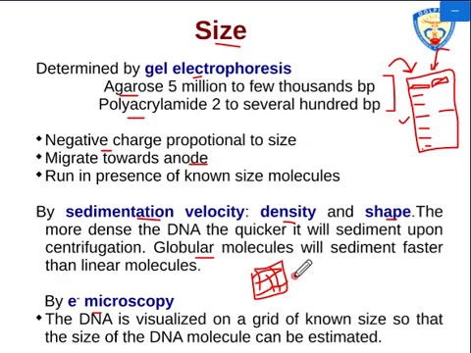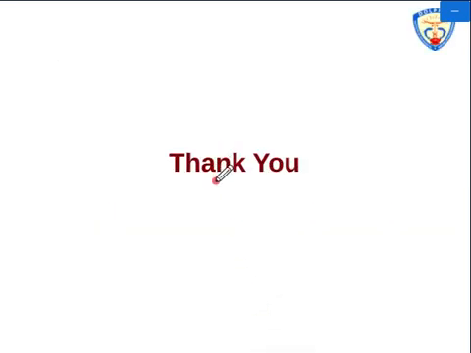So by electron microscopy and by gel electrophoresis, we can find out the size of a nucleic acid molecule. So these are some more properties of nucleic acids. Absorbance and density we discussed in the last lecture. In this lecture we discussed the denaturation of nucleic acid samples, the solubility of nucleic acids, and the size of nucleic acid samples. Thank you.